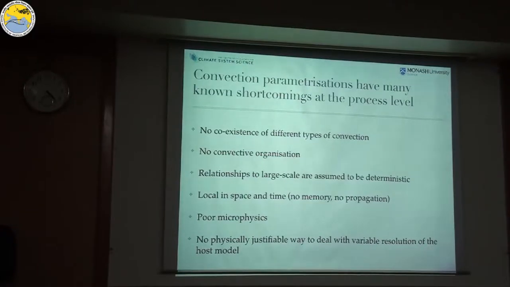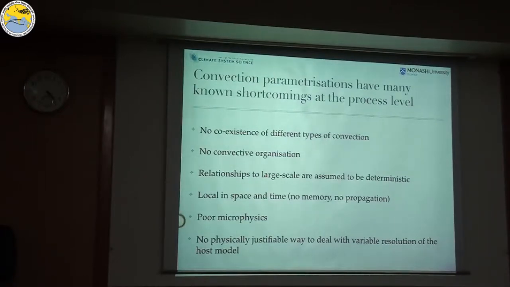You take measurements and you find identical large-scale states. The convection schemes would predict that the convective state that goes with that large-scale state is always the same as well. Now, who in this room believes that the real Earth works like that? I don't. I don't think that's how the real Earth works, right? So there is a degree of stochasticity in the relationship between the large and the small scales, and that's not represented in models either.